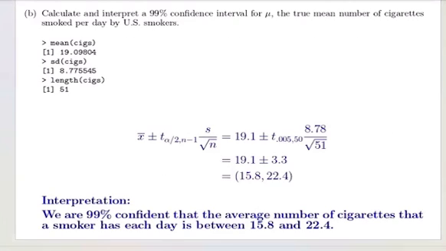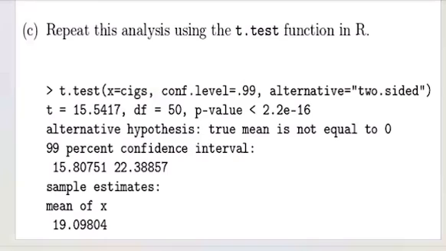The manual way is a waste of time. With a simple code, t.test, you have everything computed. There's a lot of information here, but for now, what you need is just that.